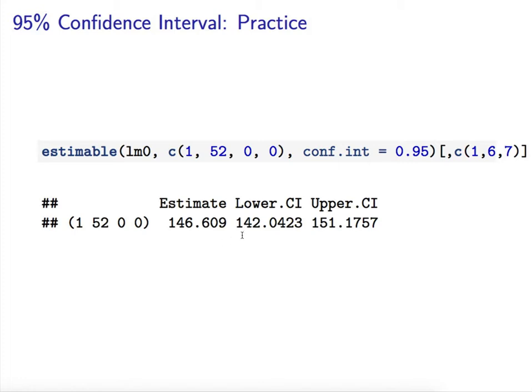And our confidence interval for that estimate is 142.0 up to 151.2. So there we have it. Very nice use of estimable. It's a nice function. Will give you lots of great, powerful results.